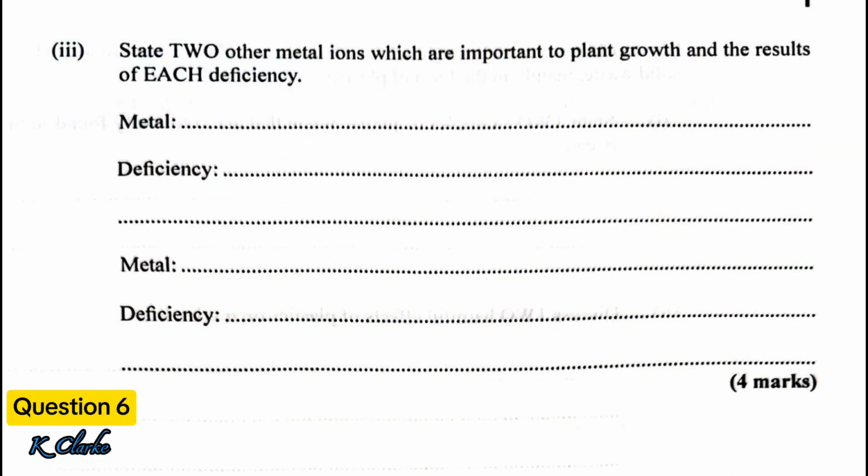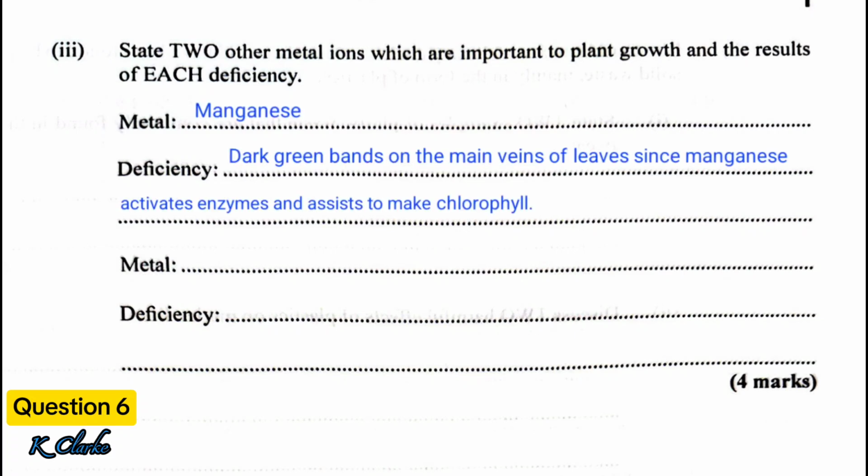Part 3. State 2 other metal ions which are important to plant growth and the results of each deficiency. The first metal, manganese. The deficiency is dark green bands on the main veins of leaves, since manganese activates enzymes and assists to make chlorophyll.